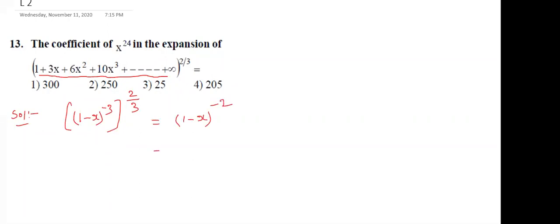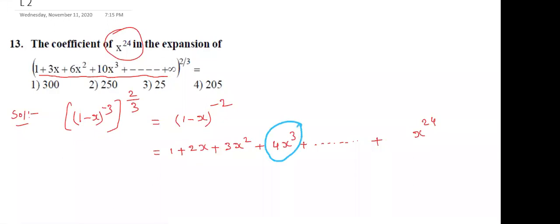What is the expansion of 1 minus x whole power minus 2? 1 plus 2x plus 3x square plus 4x cube plus, students, what are they asking? X power 24. So I am writing the x power 24 coefficient directly. In front of x power 24, what do we get? Observe this. The x cube coefficient is 4, the x square coefficient is 3.